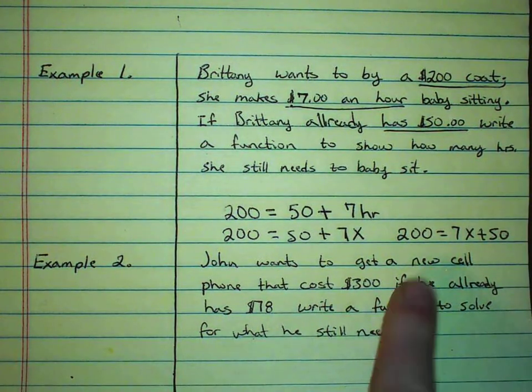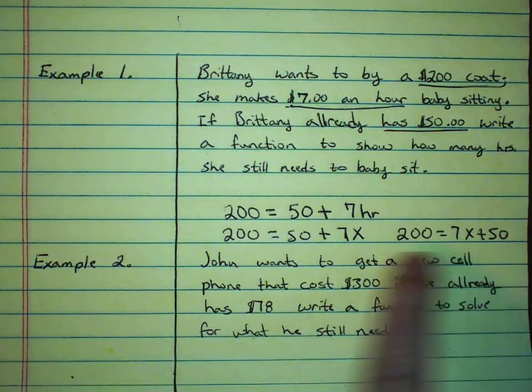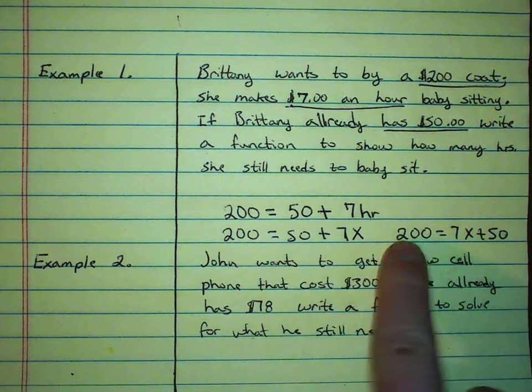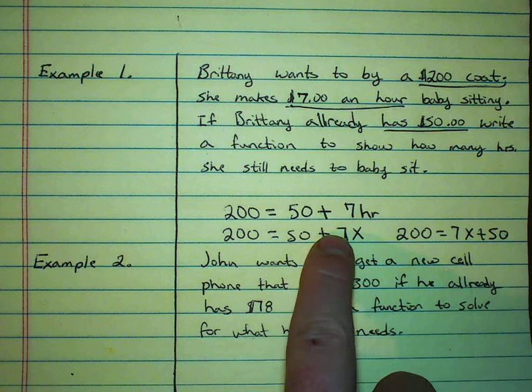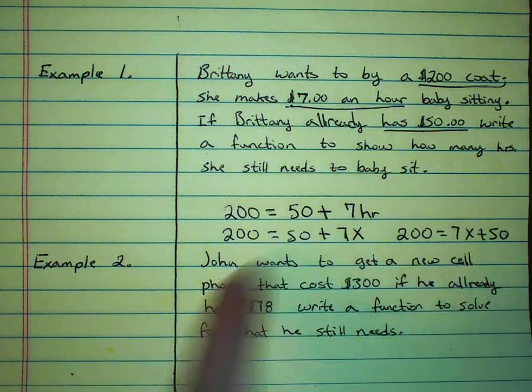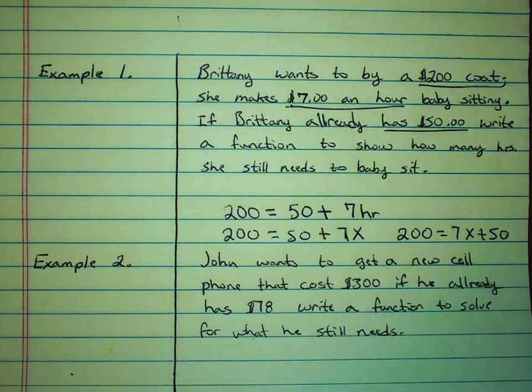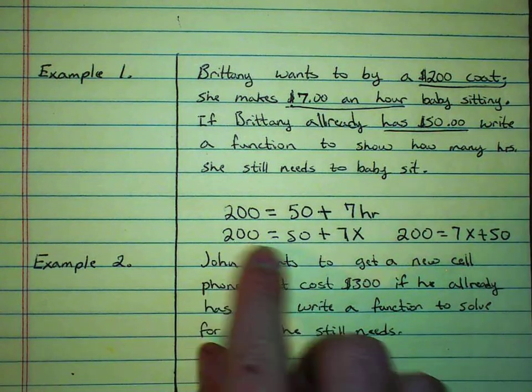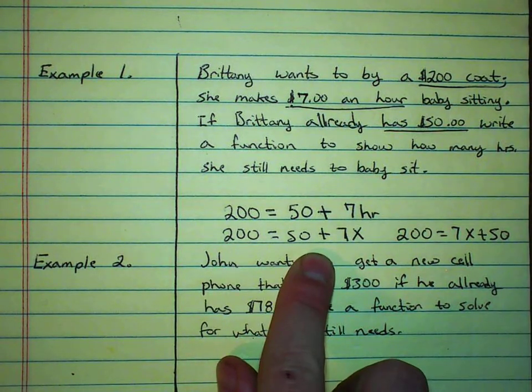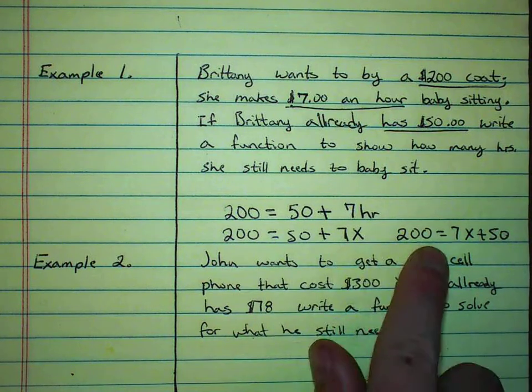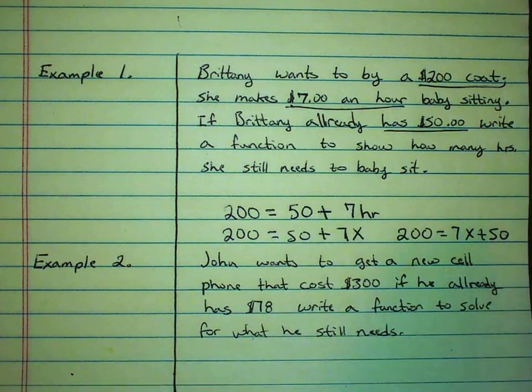The order of the x and plus 50, those don't matter nearly as much as the placement of the total cost opposite what you already have. Okay? Hope it makes sense to you.